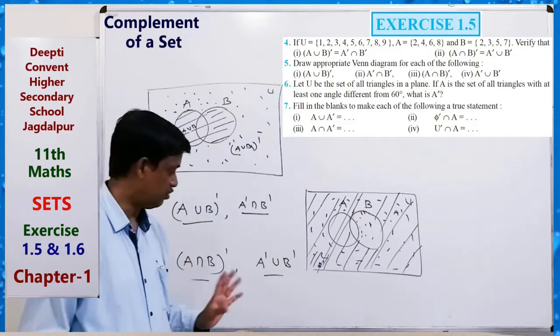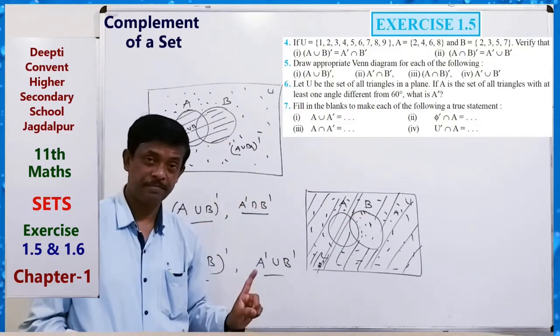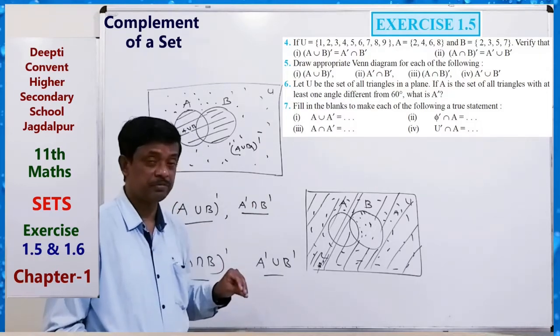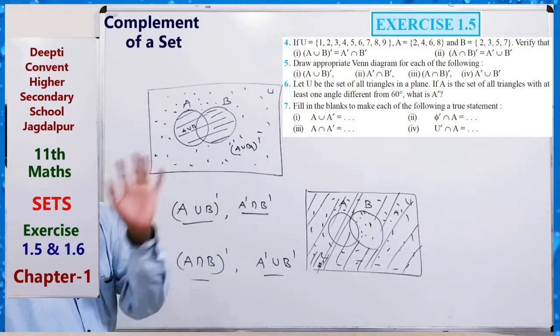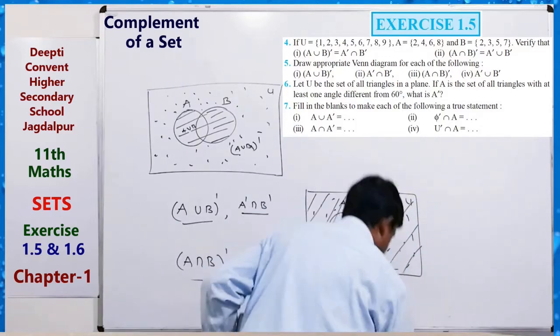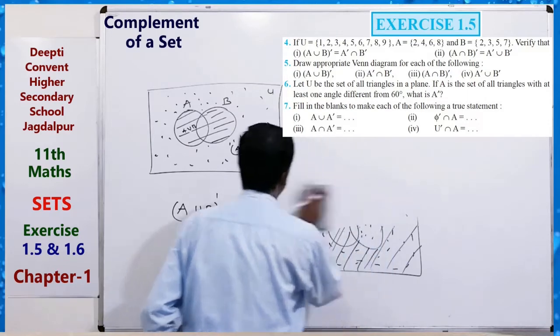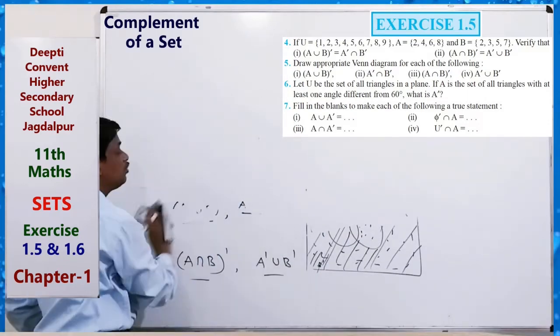So, at least one angle different from 60, negatively, all angles are 60. That is, A dash will be the set of all equilateral triangles.